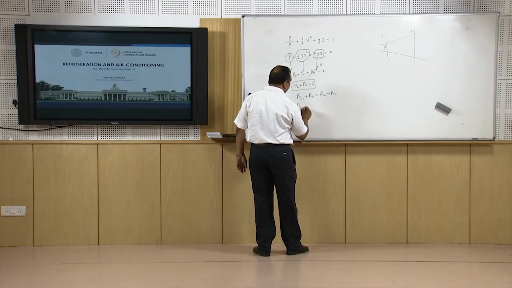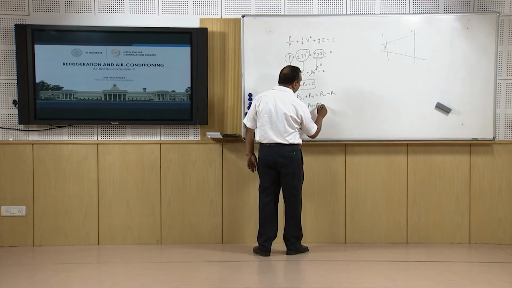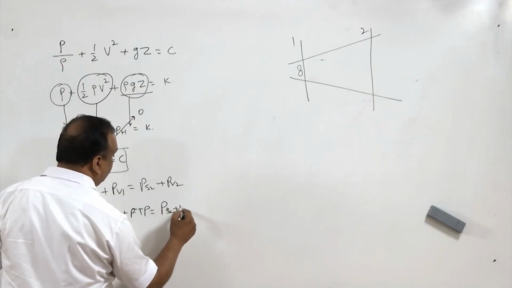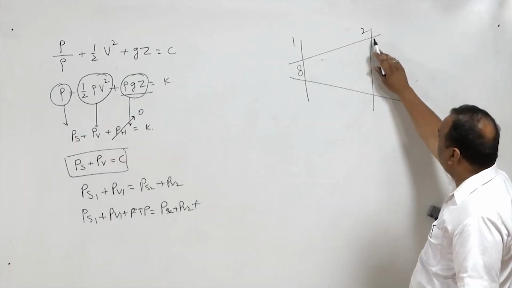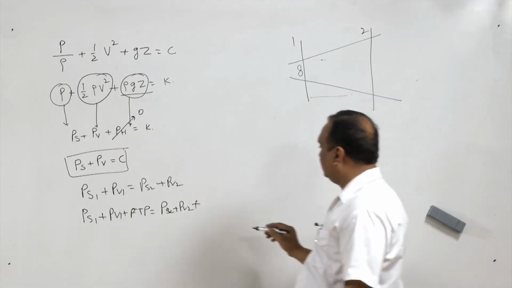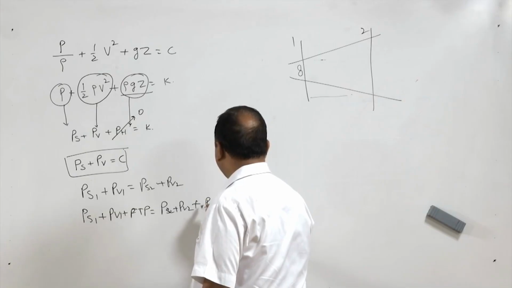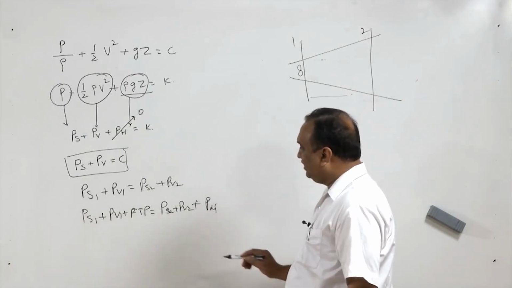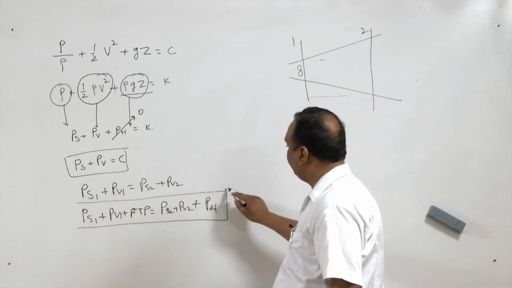So PS1 plus PV1 plus fan total pressure is equal to PS2 plus PV2 plus the friction pressure drop, PDF. This is the equation for the flow in a duct having a fan arrangement.